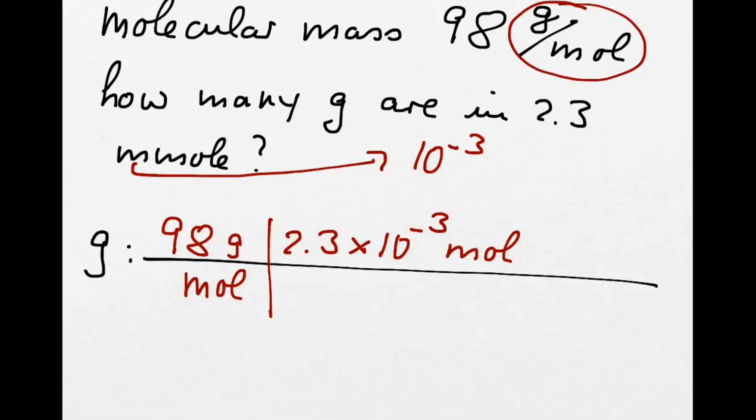And mole, the units cancel out. And what we've got left is 98 gram times 2.3 times 10 to the minus 3.